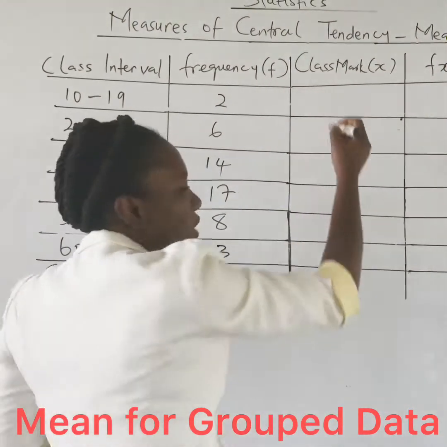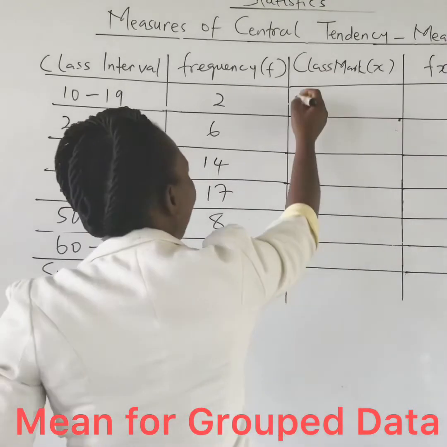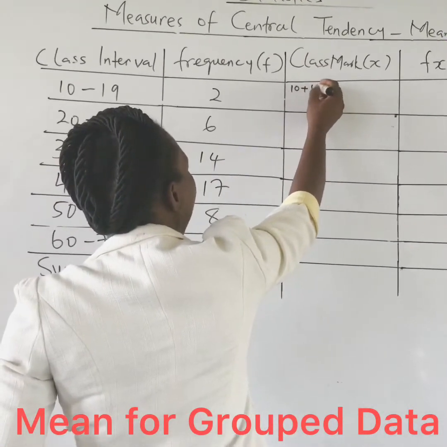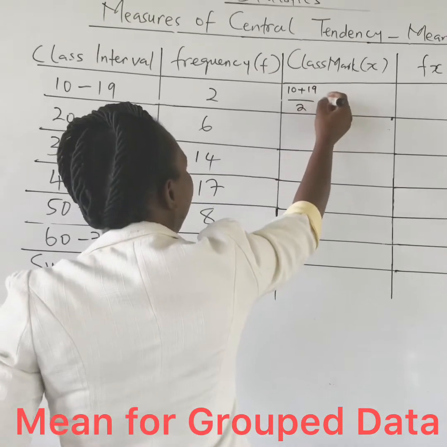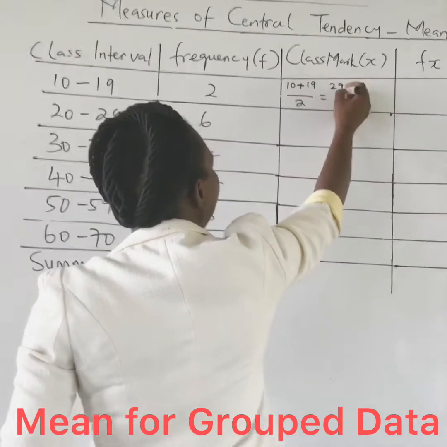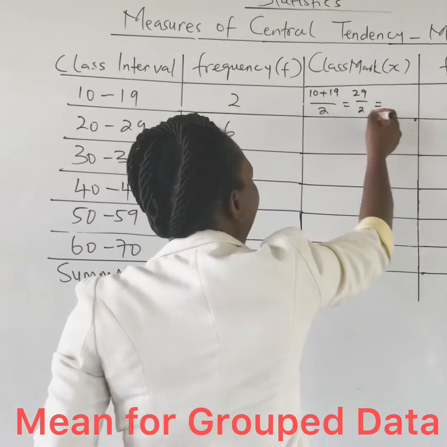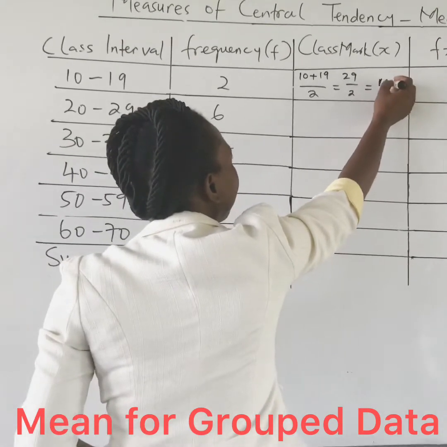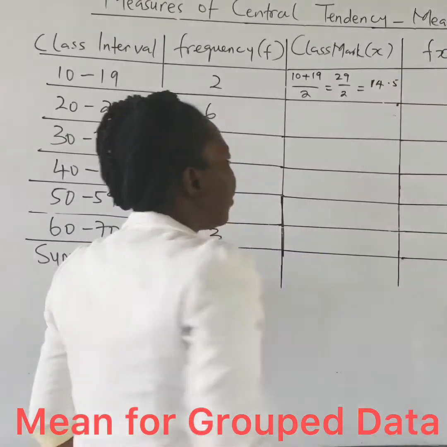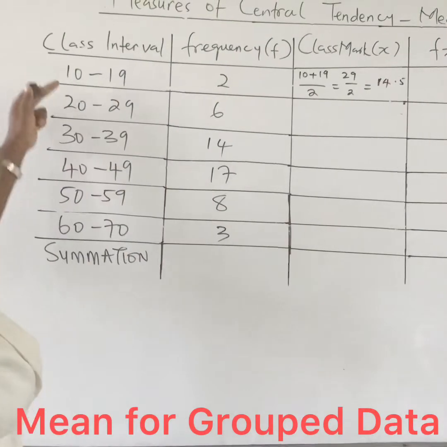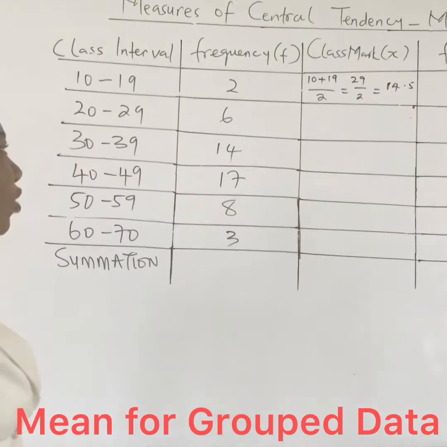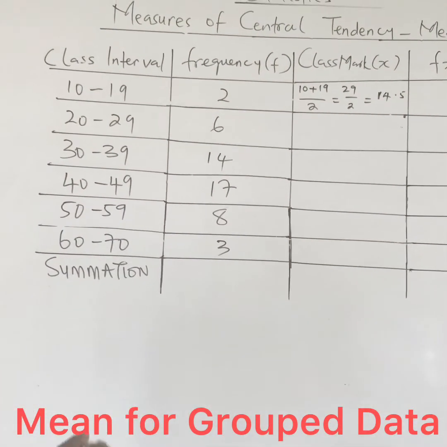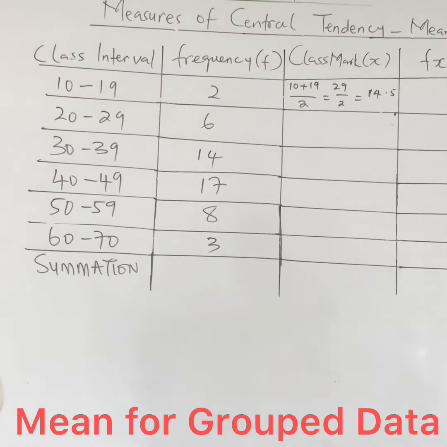I'll do the first one, then complete the rest. So I have 10 plus 19 over 2, and that will give us 29 over 2, and we have 14.5. So that is the class mark that will represent this class. For the subsequent ones, I'll just put down the values. You can work it out yourself.